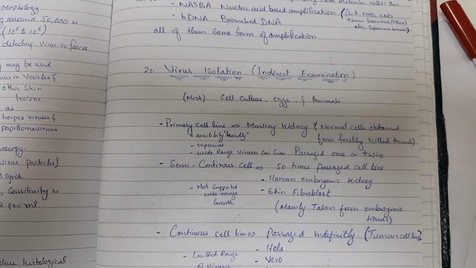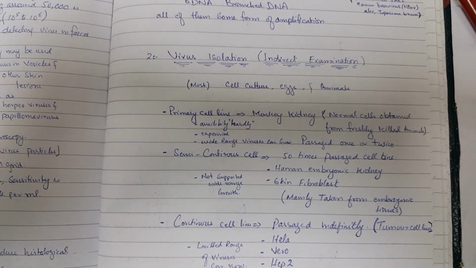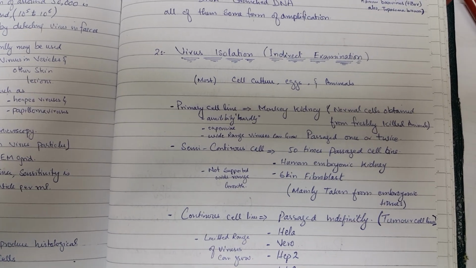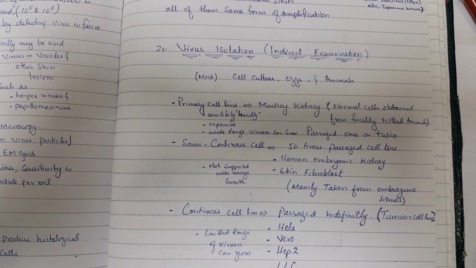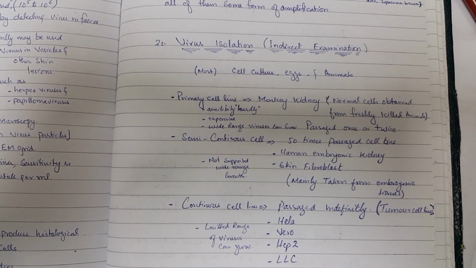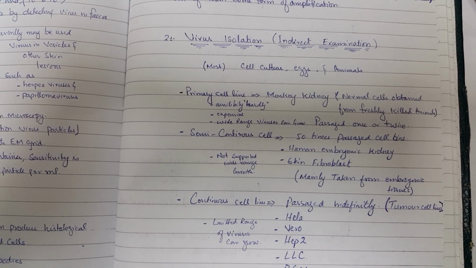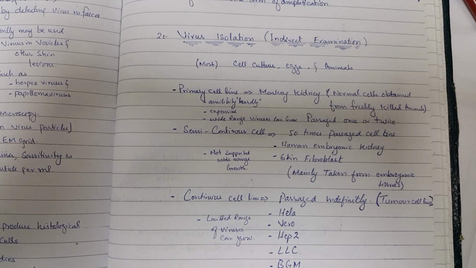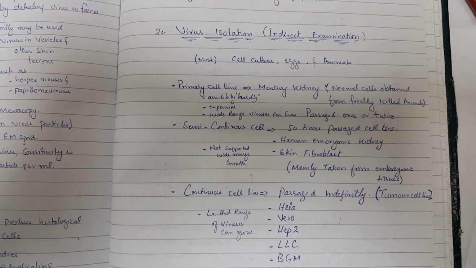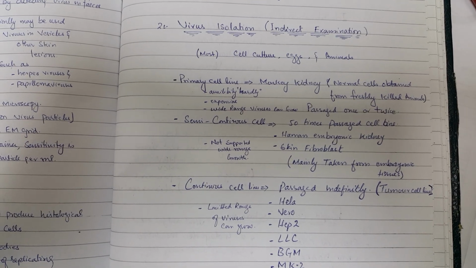Viral isolation, an indirect examination, is done through cell lines, when we cultivate the viruses in artificial cell lines. It is a very tedious technique because of bacterial or fungal contamination, and it also takes a long time to isolate viruses. We use three types of cell lines.